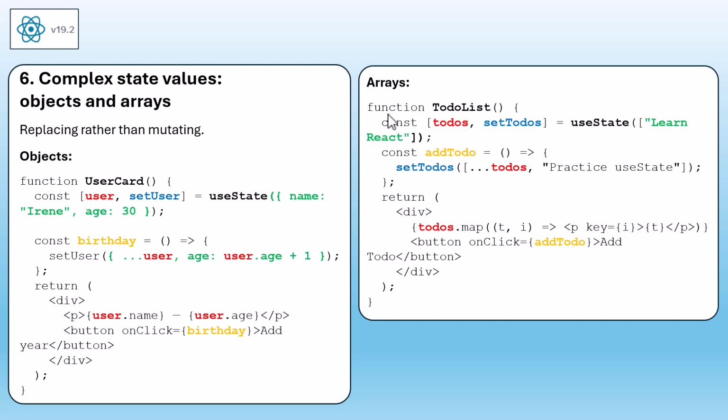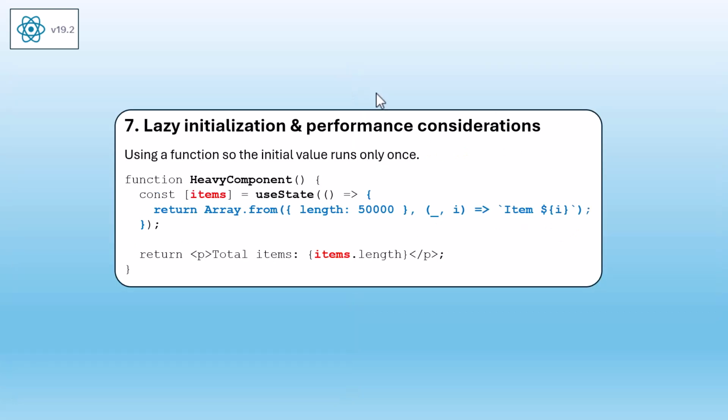React only triggers a re-render when it finds that the new state value is different from the previous one, in terms of identity or equivalence. If you mutate in place and then pass the mutated value, React may skip the update because it thinks nothing changed.